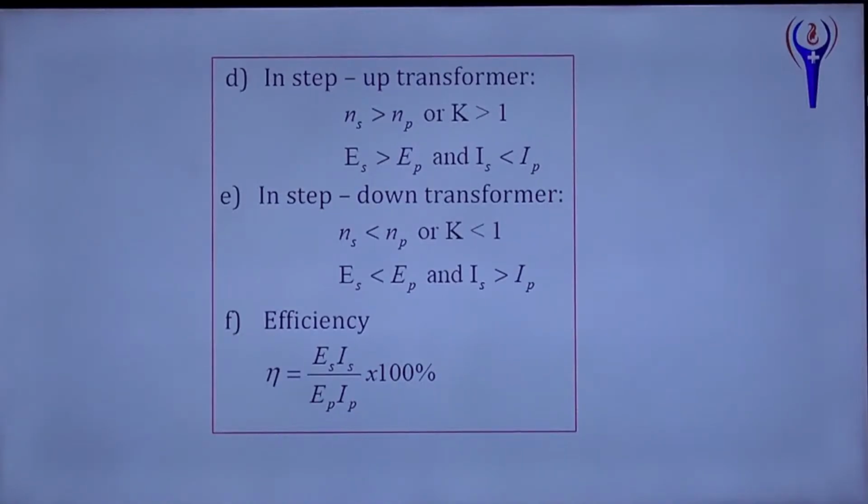And efficiency eta equal to ES into IS by EP into IP into 100%. It is denoted by the symbol eta.